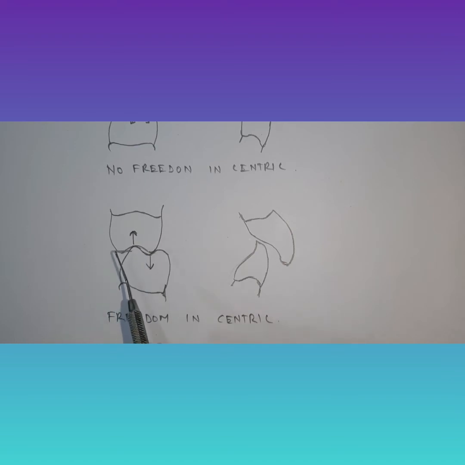When the patient is moving the jaw from centric relation position to centric occlusion or the maximum intercuspation, that anterior shift in order to bring it into occlusion is known as freedom in centric.